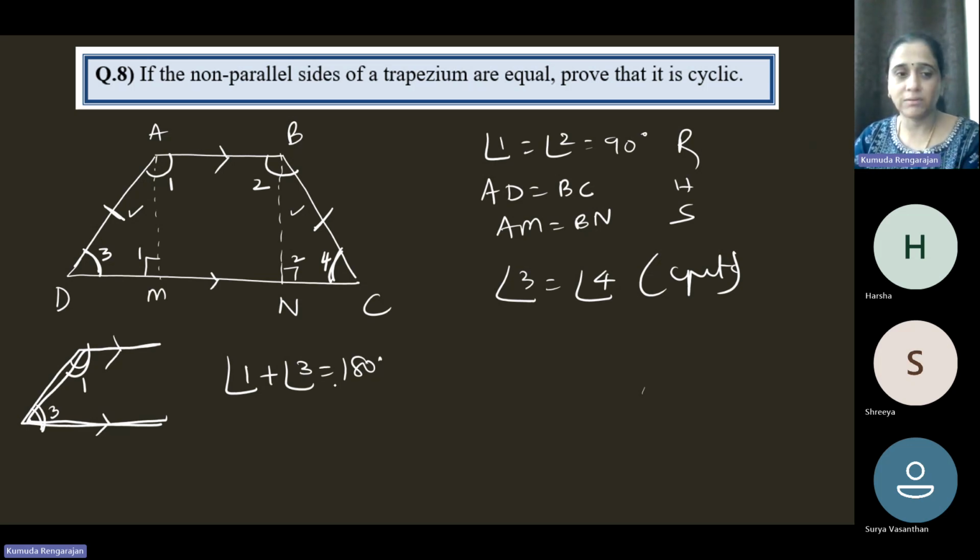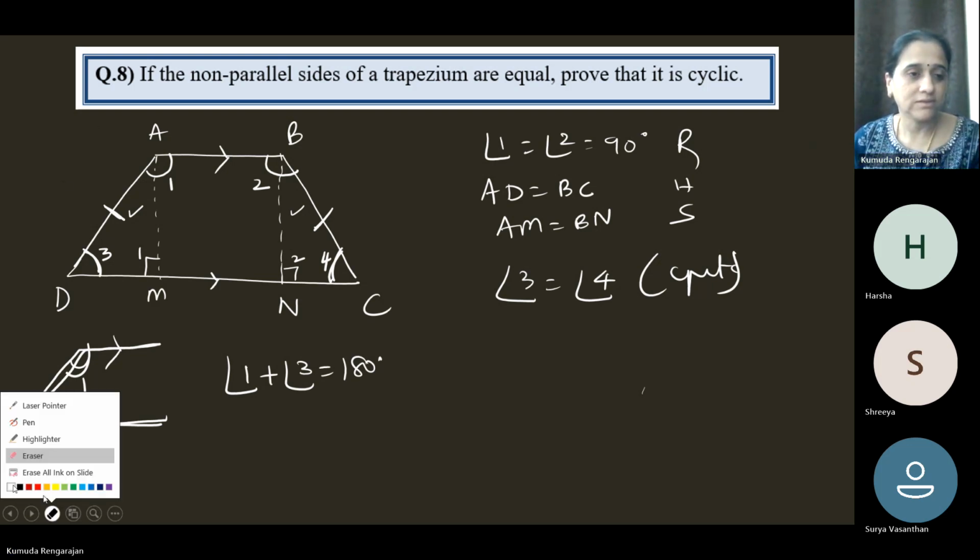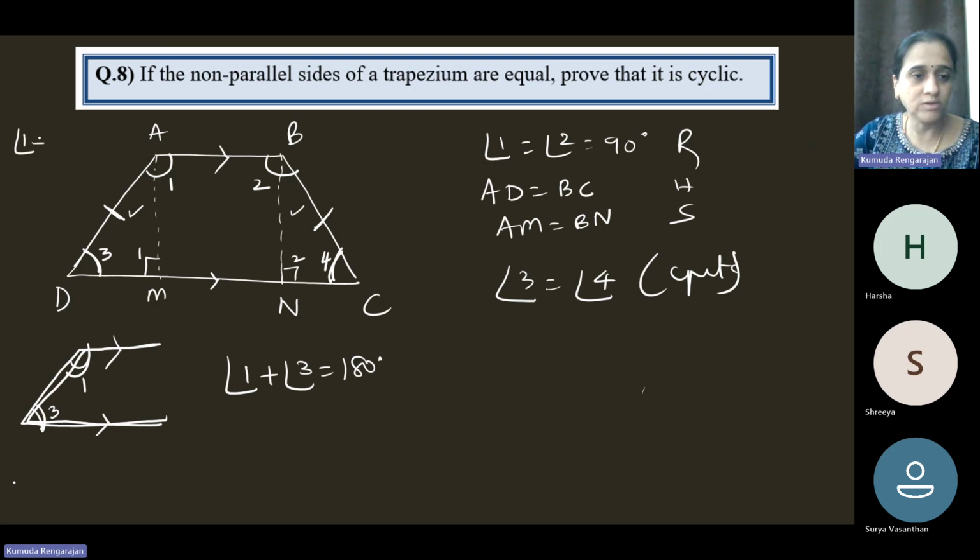Now what is it you want to prove? We are interested in proving that angle 1 plus 4 is 180. Keep that in mind, okay? You want to prove 1 plus 4 is 180.